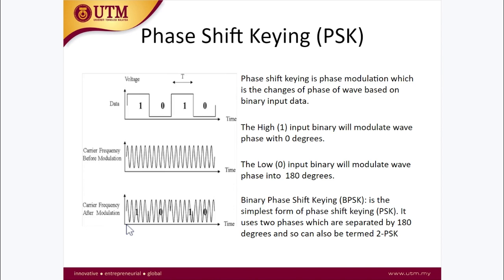So the sine wave will continue moving as it should until it meets a change in the binary data. Then it will start moving according to the phase. It moves normally until we have a change in data, here from 1 to 0. The phase will change and the same graph will shift to the right a bit. In this case, it will be moving 180 degrees, for BPSK.